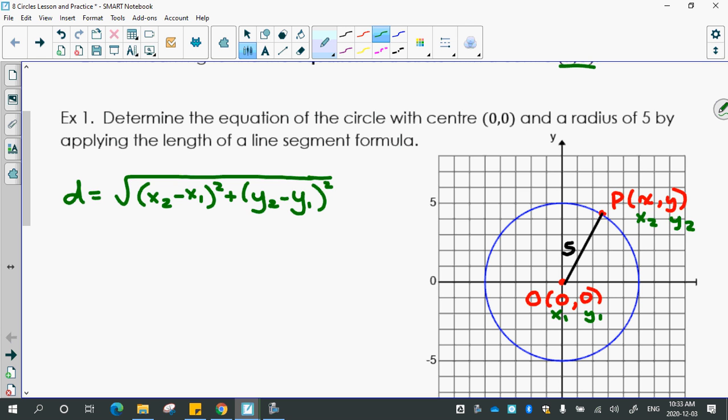We're going to actually create the equation of that circle by applying the distance formula. That's what we're going to get to, the equation of a circle, and we'll be able to look at it and see how it looks different from the equation of a line.